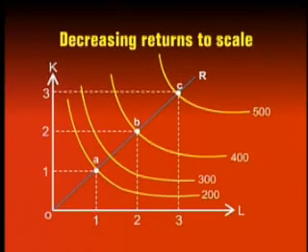However, from B to C, output increases only by 100, and therefore the percentage increase in output corresponding to a 50% increase in inputs is only 25%. That is 500 minus 400 over 400. Interesting, isn't it? Now let's look at how isoquants can help us illustrate the concept of returns to factor.